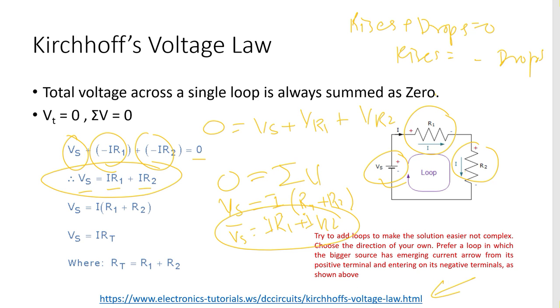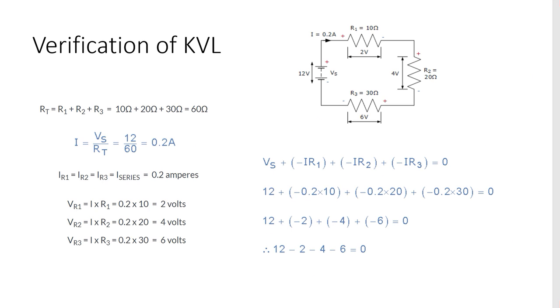Okay, now here is a problem that is solved using the same law. In this problem we are verifying that KVL holds. So we are having a 12 volt source and the current of 0.2 ampere is flowing in it.